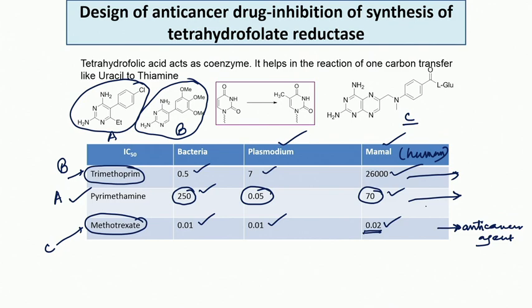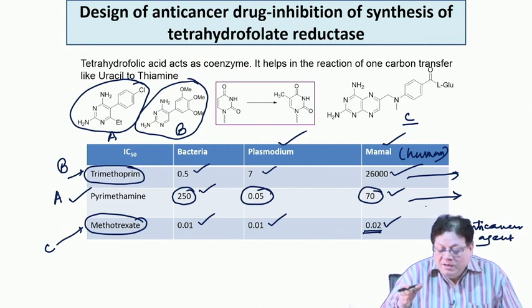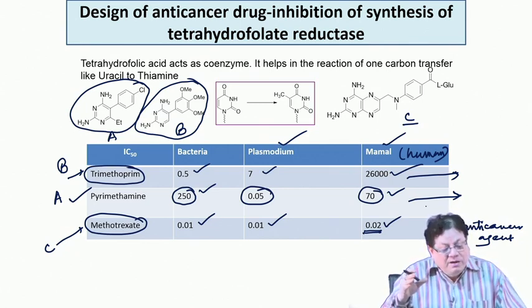So, you see that you can target DHFR specifically, it is possible, and 3 classes of drugs have been developed and they are applied, one to bacteria, another to these parasitic organisms, and the third one to the human. Okay. And all these 3 are available in the market.